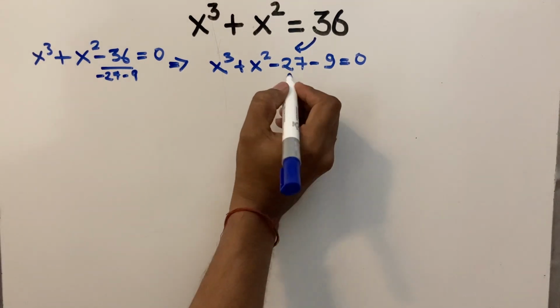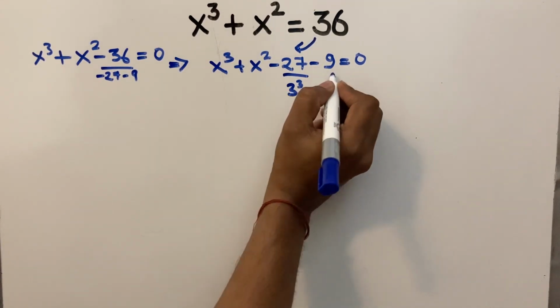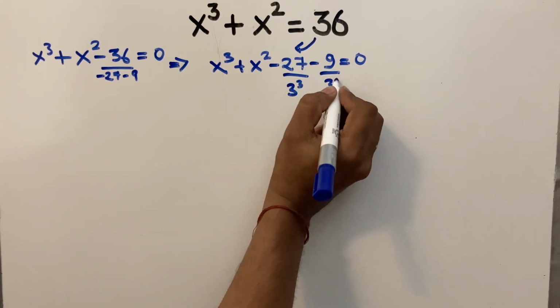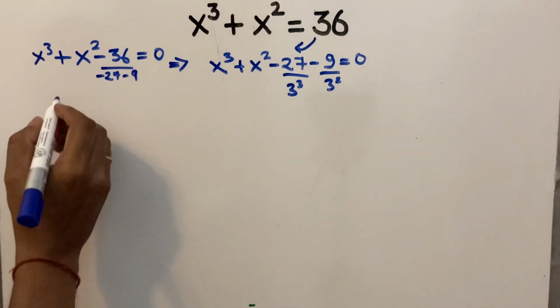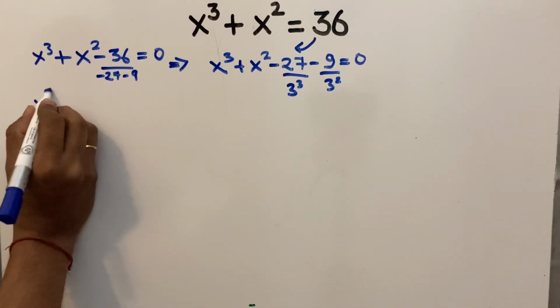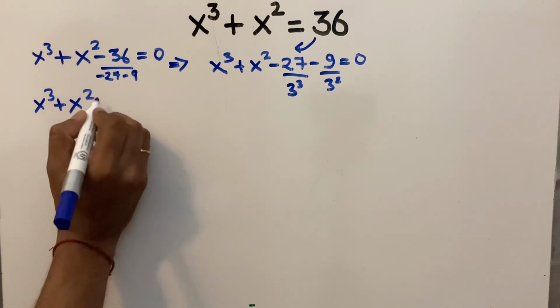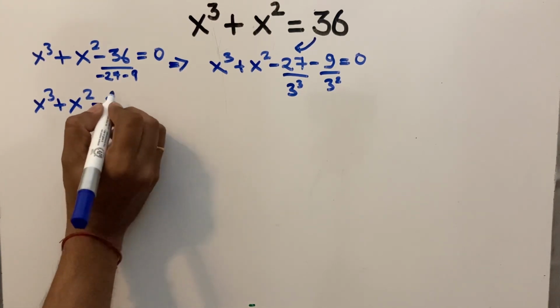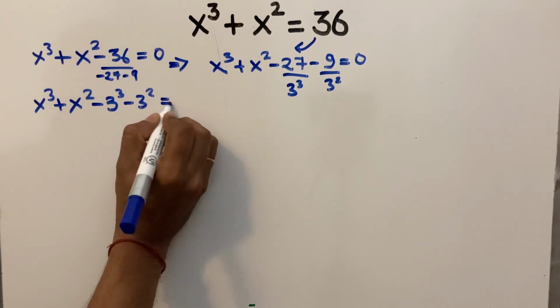Further, we can see 27 is equal to 3 to power 3 and 9 is equal to 3 to power 2. So after more simplification, this equation becomes x to power 3 plus x square minus 3 to power 3 minus 3 to power 2 equals 0.